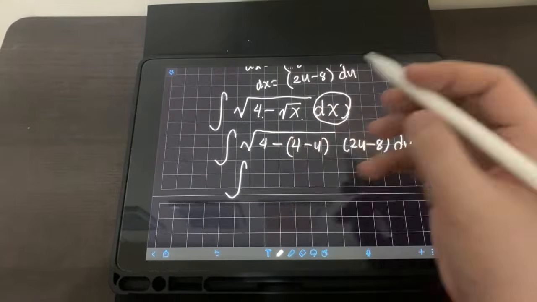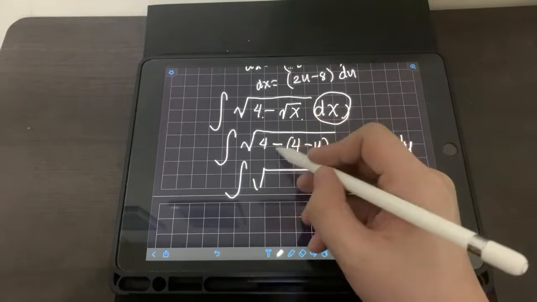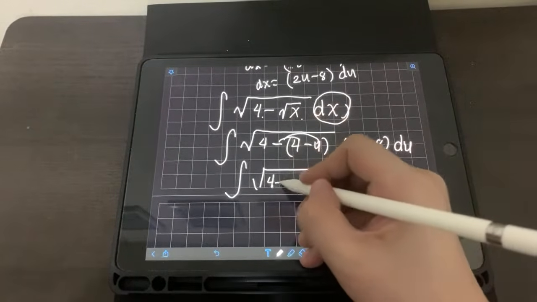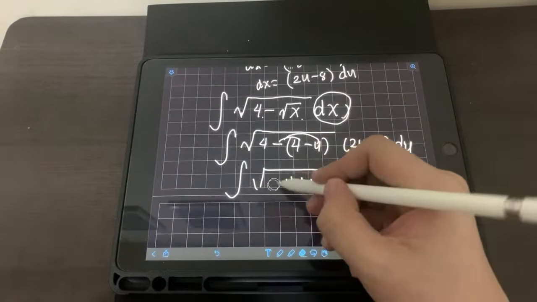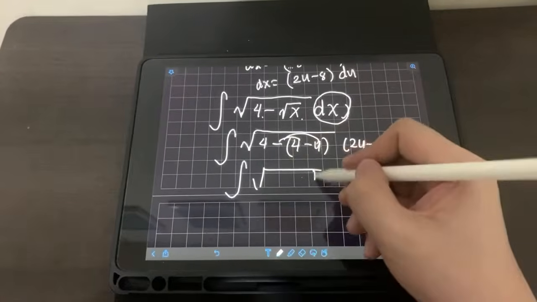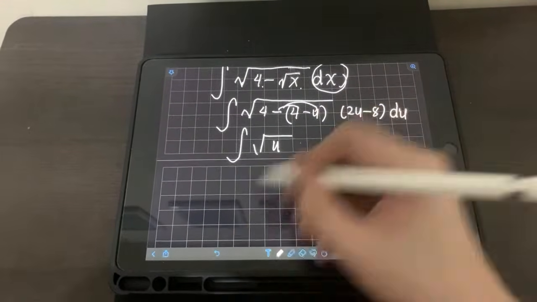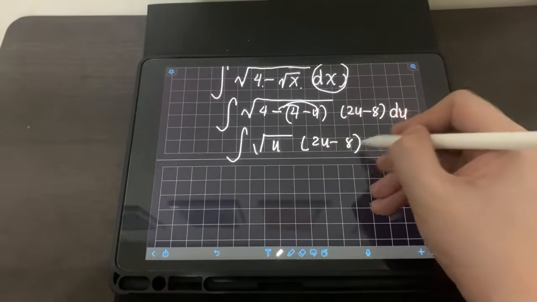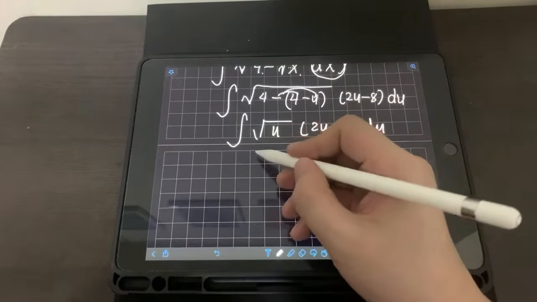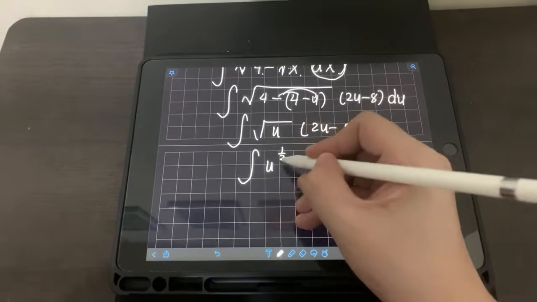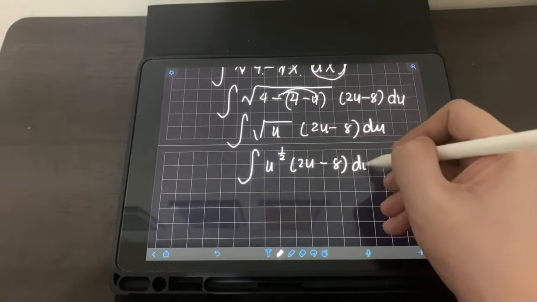Okay, so simplify. So, square root of, distribute the negative, it will be 4 minus 4 plus u. So, you can cancel 4 minus 4, it's 0. So, you have just square root of u, times 2u minus 8 du. And then, transform square root of u into fractional exponent, it's u raised to 1/2 times the quantity 2u minus 8 du.